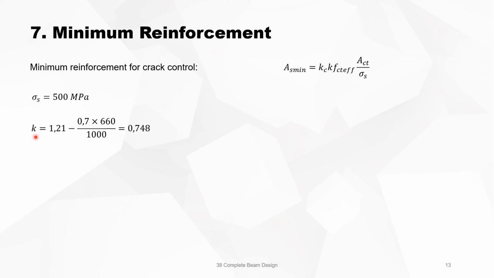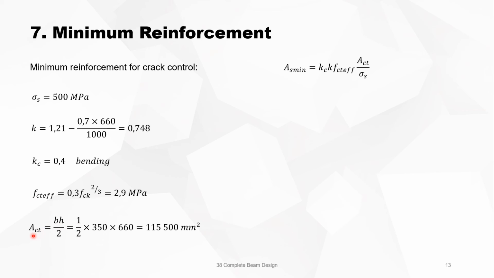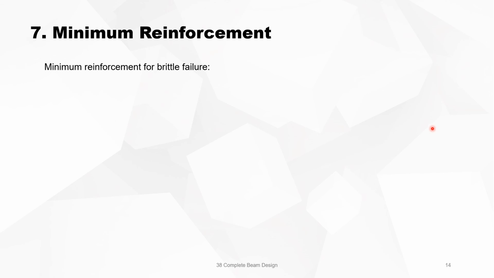The k value is 0.75, kc for bending is 0.4, and fct,eff is fctm, the mean tensile stress in the concrete, and it's 2.9. Act for bending is half the section, so it's 115,500. And if you put in the numbers, we have 200 square millimeters. So as minimum reinforcement for crack control, we need 200 square millimeters.